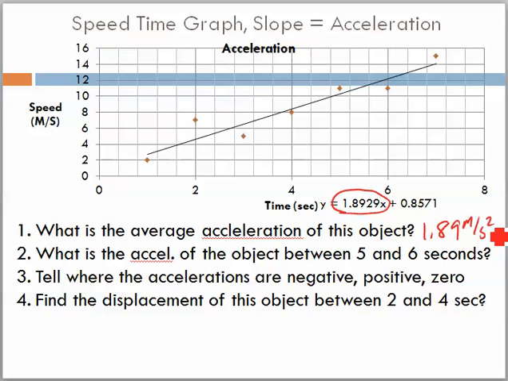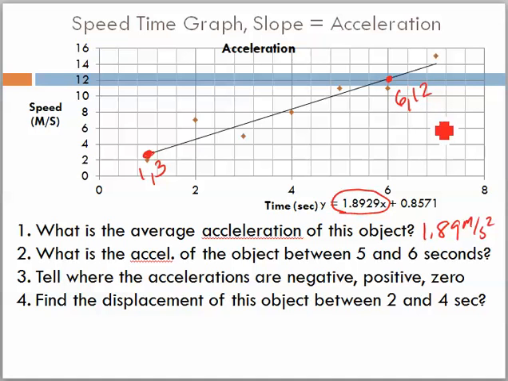Another way we can go about this is to actually calculate it by finding the slope manually. That's what I'm going to do here to start off with, just so we get a little practice at it. I'm going to say that this ordered pair right here is 1, 3. And the next one I see that's really close, I'm going to say that's 6, 12.